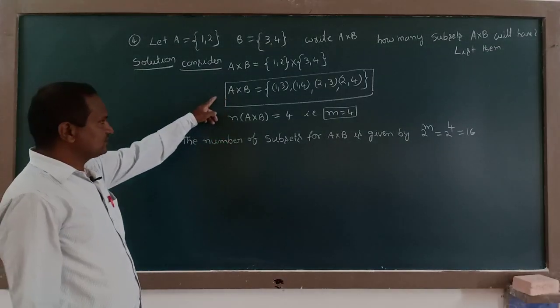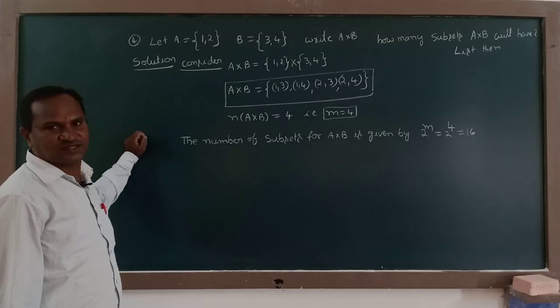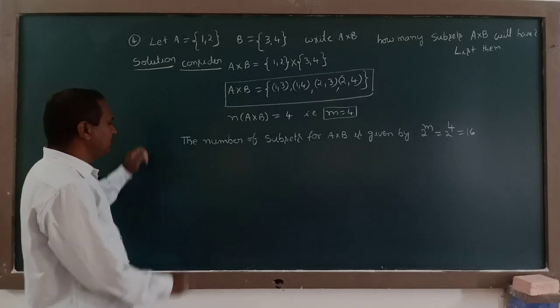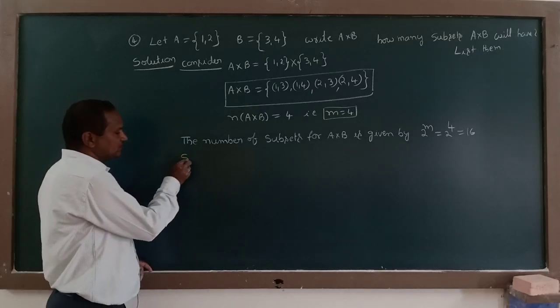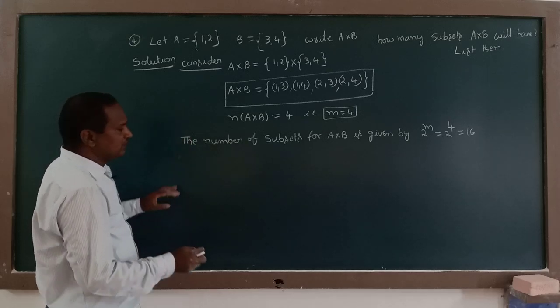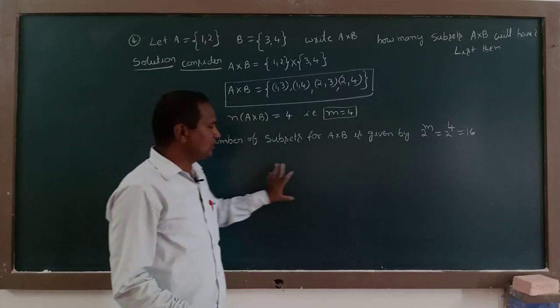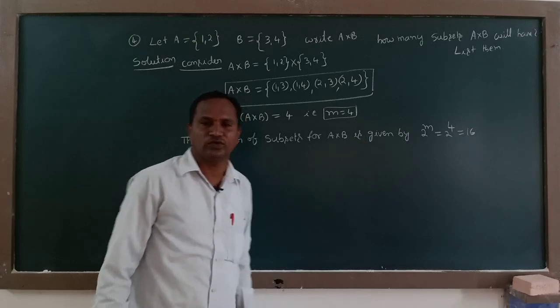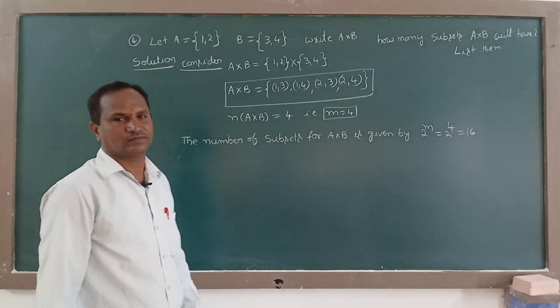Based on these 16 subsets we must list them out. I will tell you how. First S1. 4 should be written one time here, and here, and here. Like that, 4 we are going to find here.